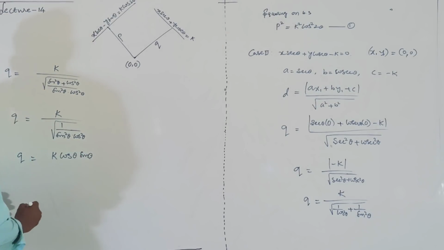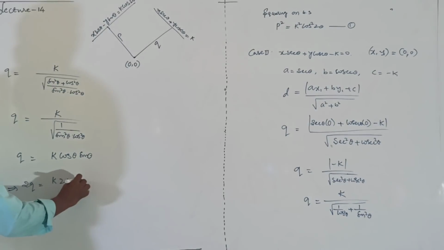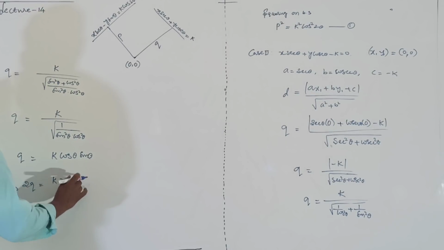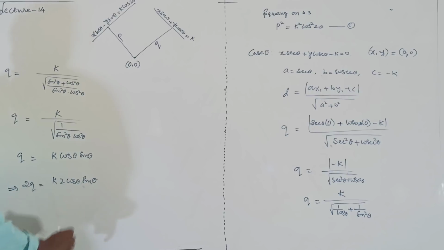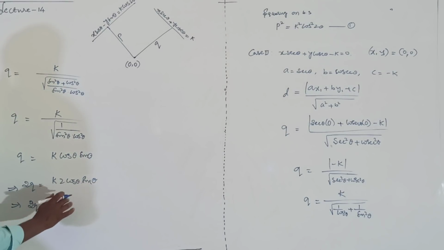After that, I will multiply 2 throughout the expression. 2Q is equal to K into 2 sin theta cos theta. Already we have the formula for 2 sin theta cos theta. 2Q is equal to, what is 2 sin theta into cos theta? 2 sin theta into cos theta is sin 2 theta, right?